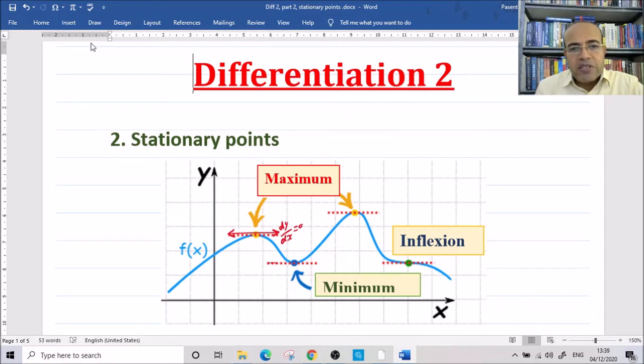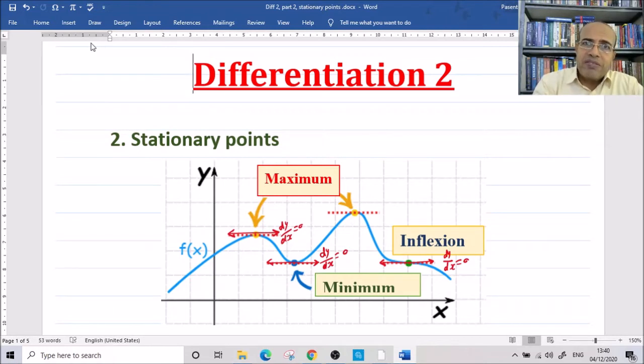Also at this point the tangent is parallel to the x-axis, so dy by dx equals 0. Also at this point the tangent to the curve is parallel to the x-axis, so at this point also dy by dx equals 0.